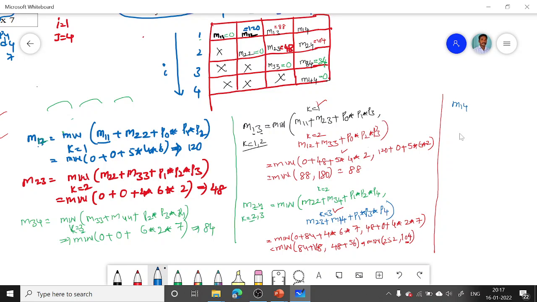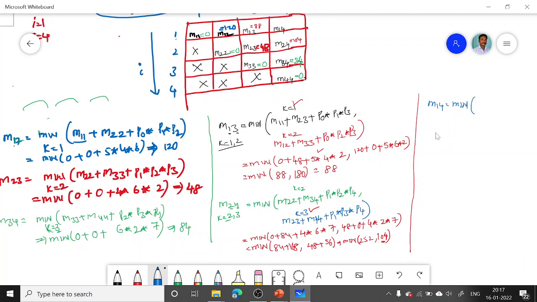Here we have three possibilities for the K value. K is either 1 or 2 or 3.